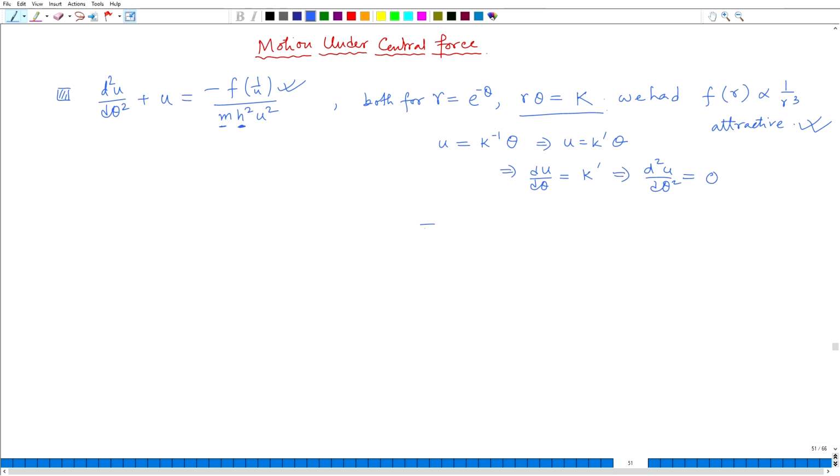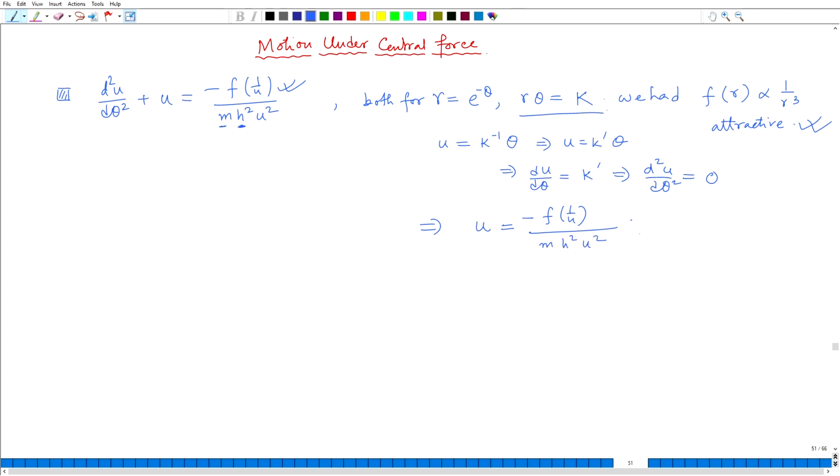So the Binet equation says u is equal to minus f of 1 over u by m h square u square.